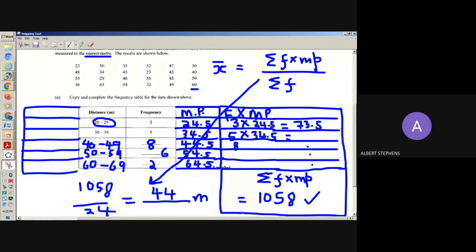But don't worry. In the broad topics that they sent, when they talk about measures of central tendency, this is what they're talking about: mean, median, and mode.